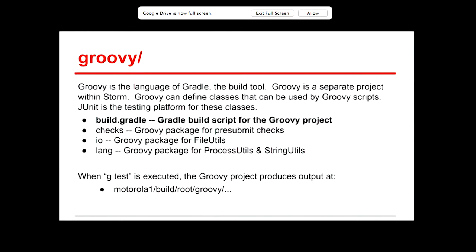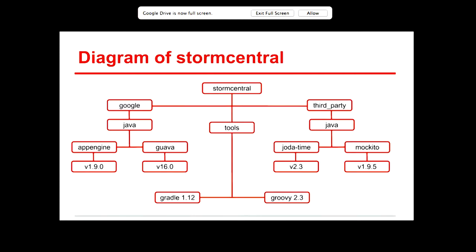Then we have the Groovy, which has a few things for testing, for pre-submits, some I/O, some lang, not much. And the other thing that we do very differently is that we have our own repository.